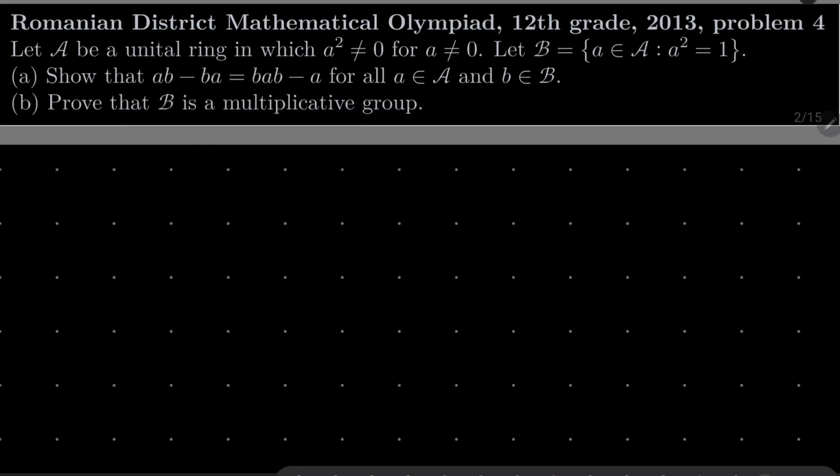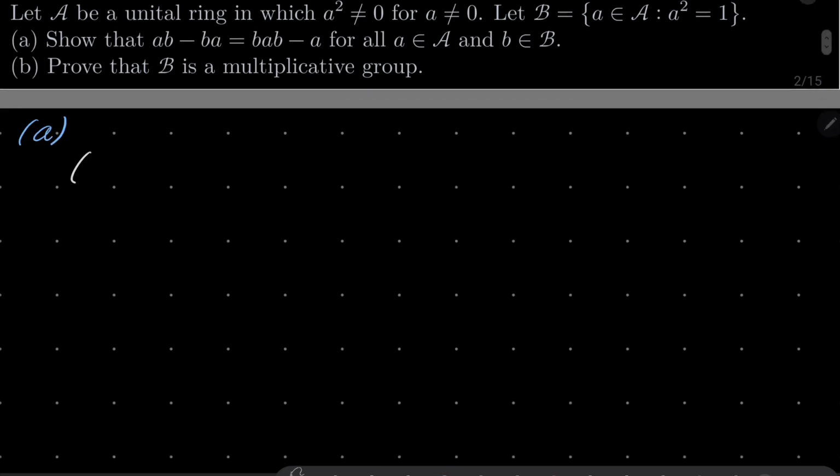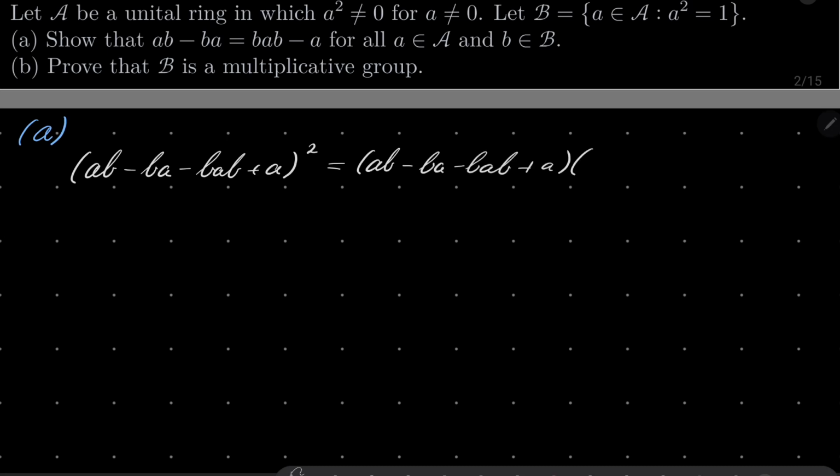Right, so let's start with part A. What I wish to do is to consider AB minus BA minus BAB plus A, squared. Well, notice that this is exactly the same as this times itself.